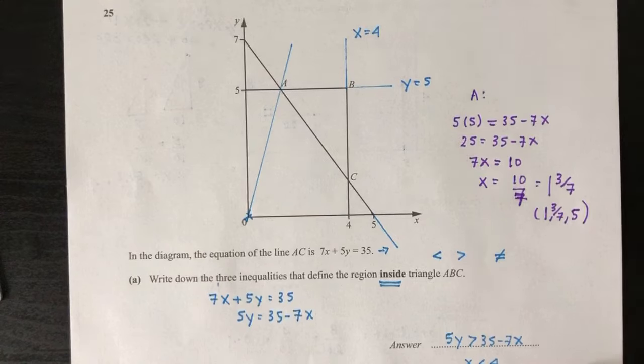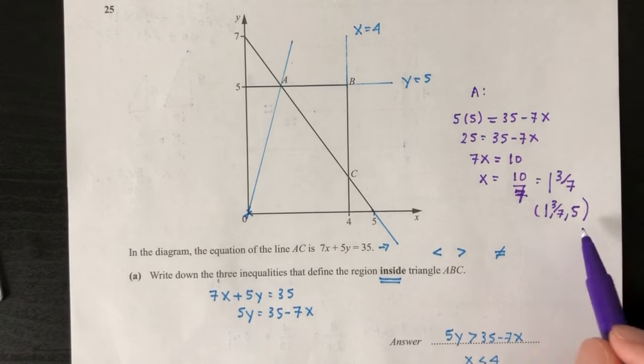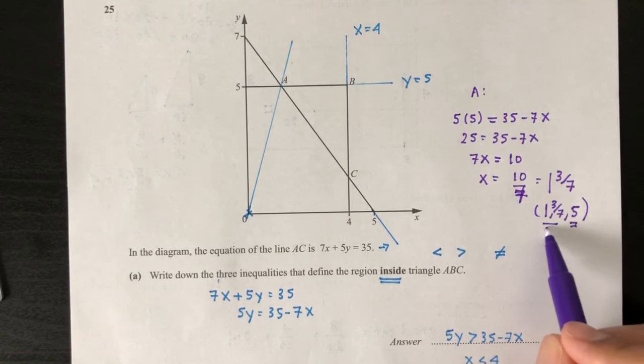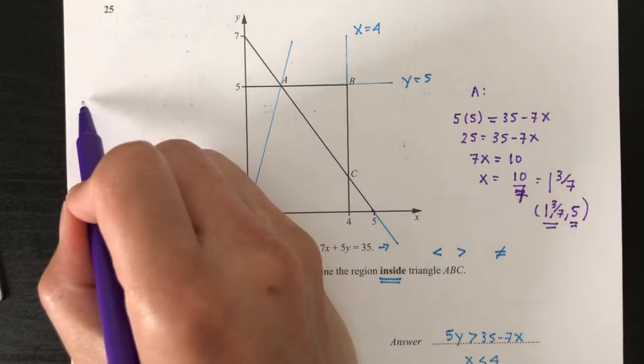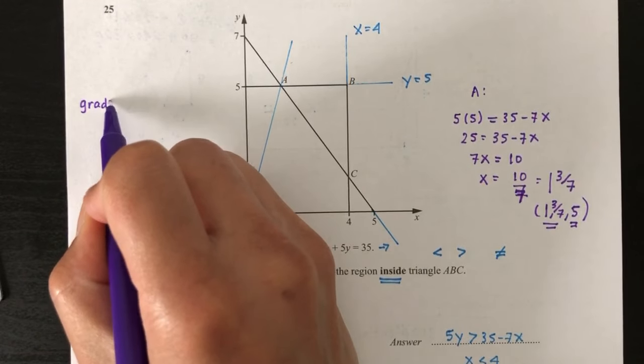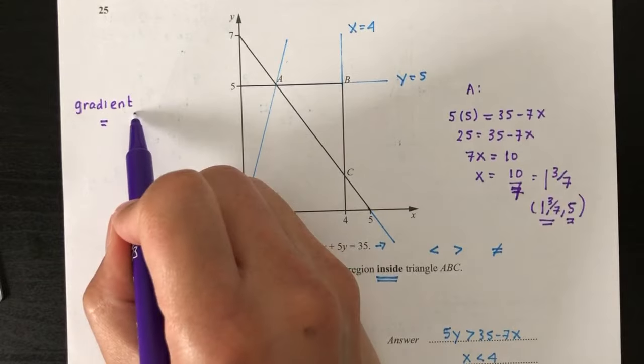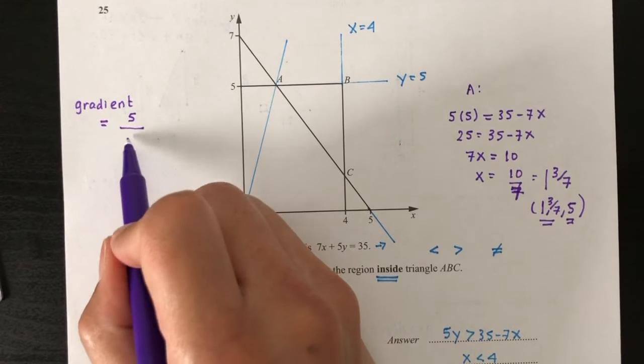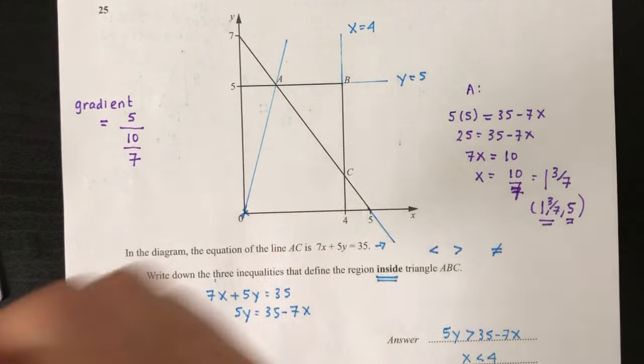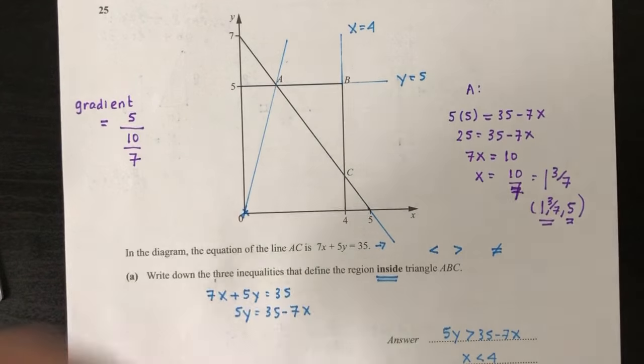Now to find the gradient, we can just take the height divided by the base of this line. So the gradient is the height, which is 5, divided by 10 over 7. Now we can simplify.